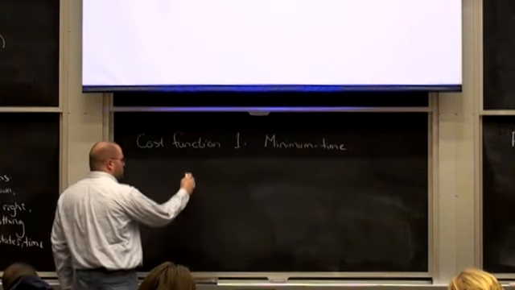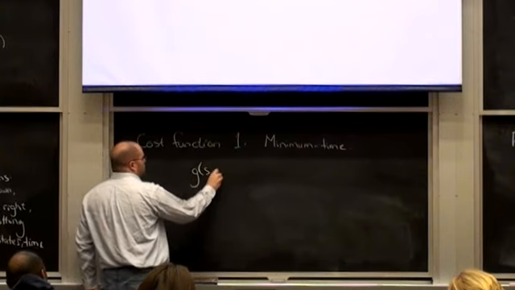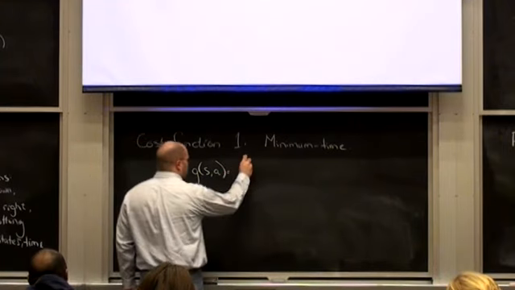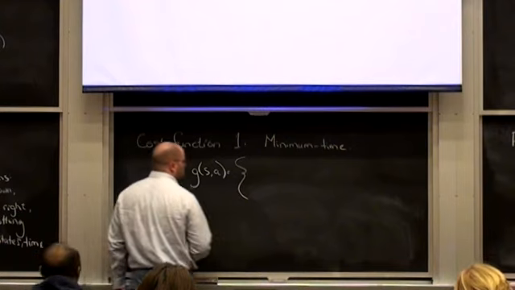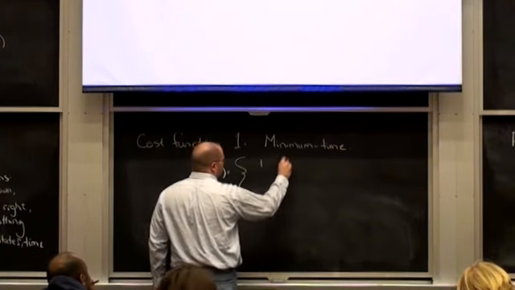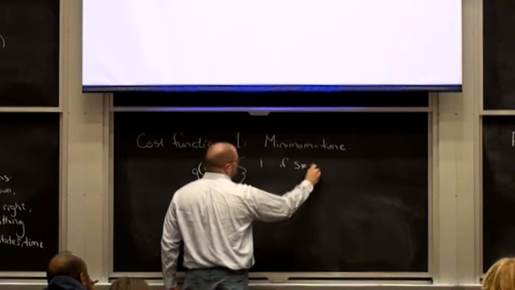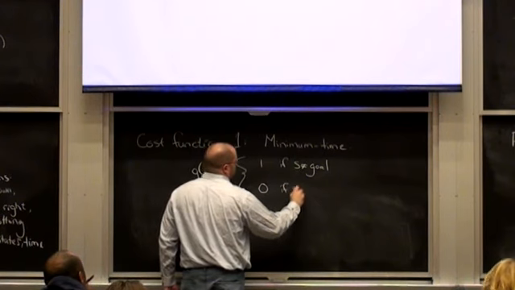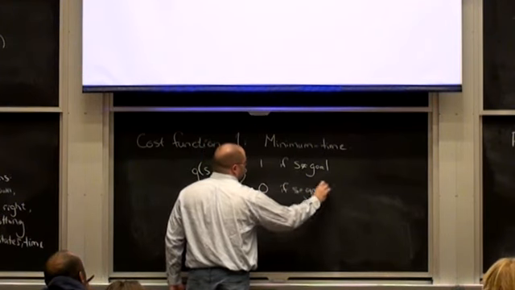Well, then I can just set G of S, A to be, to actually have it in units of time, I should put a 1 if S is not at the goal, and 0 if S is in the goal.